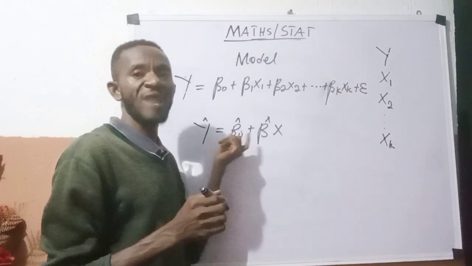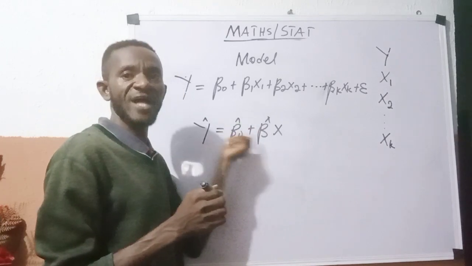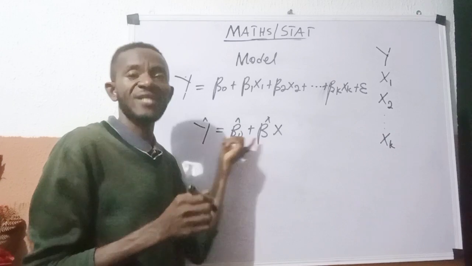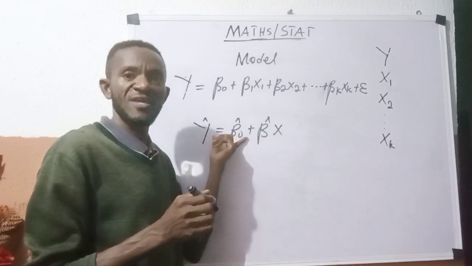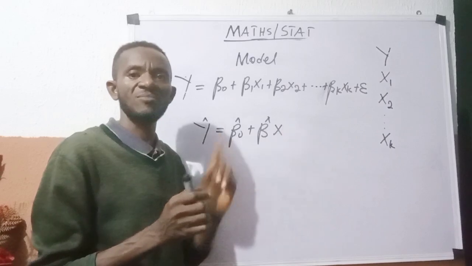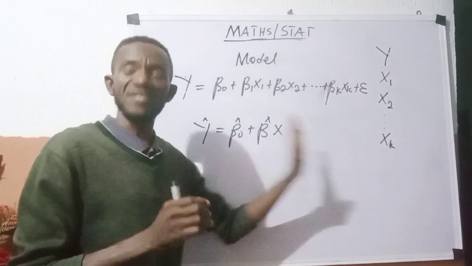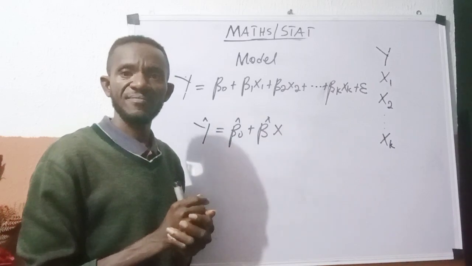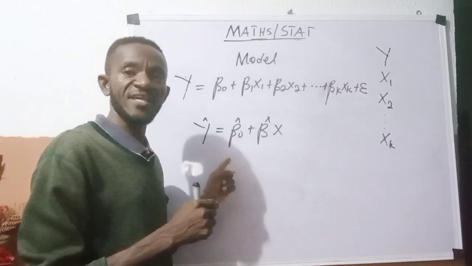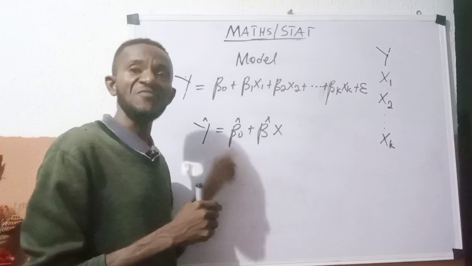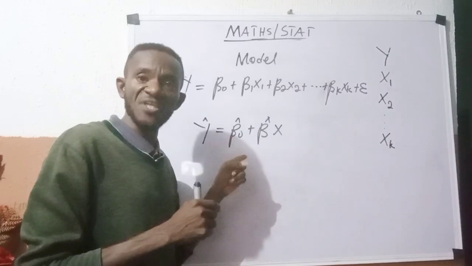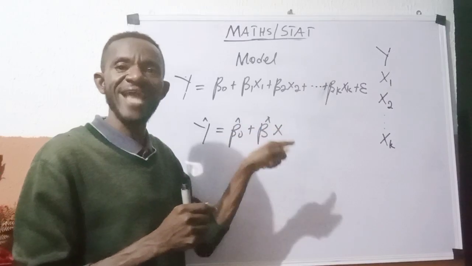We have estimated the values of beta 0 and beta 1, and we have replaced them into the regression model. In the course of this estimation, the error term is dropped or taken care of. And what we have here becomes the regression equation of a simple linear regression.